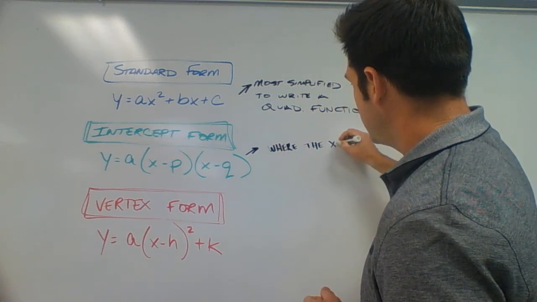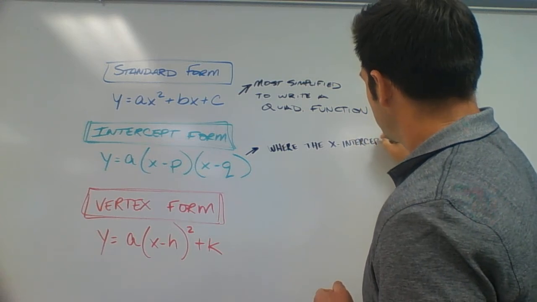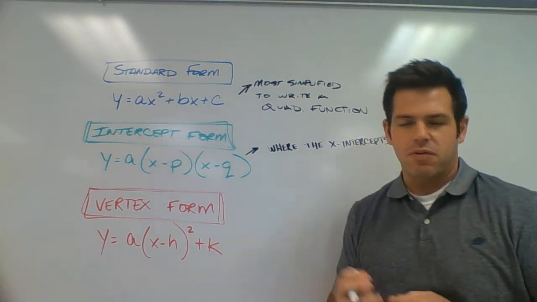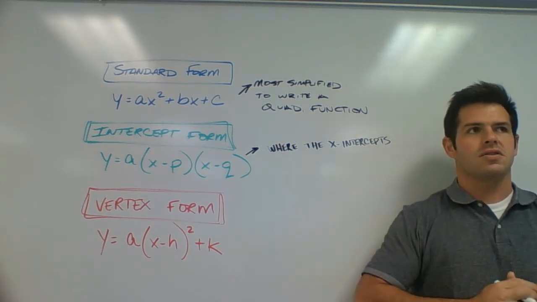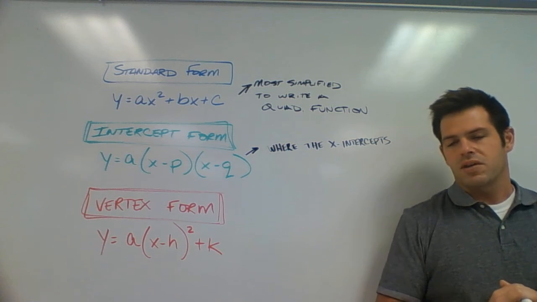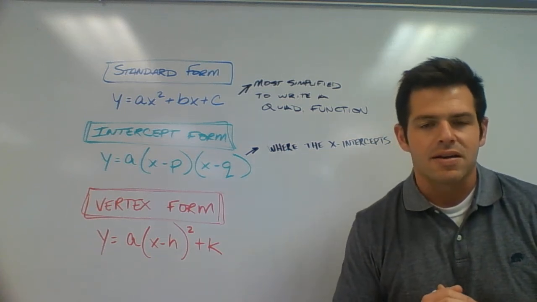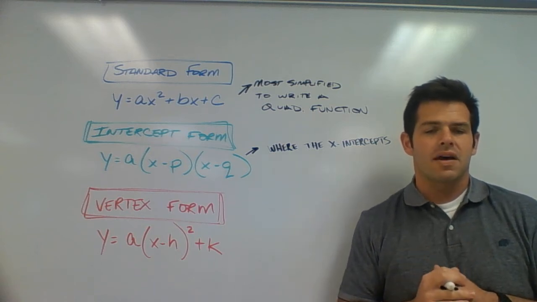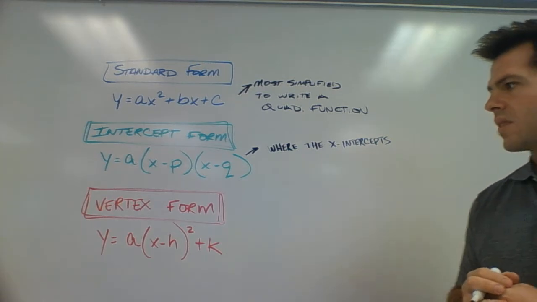Right off the get-go, not too much to think about. If something's written in intercept form, we're mainly using it because it shows us right away where the x-intercepts are located. And obviously there'll be more videos on that and the importance of that, highly, highly applicable in that scenario.